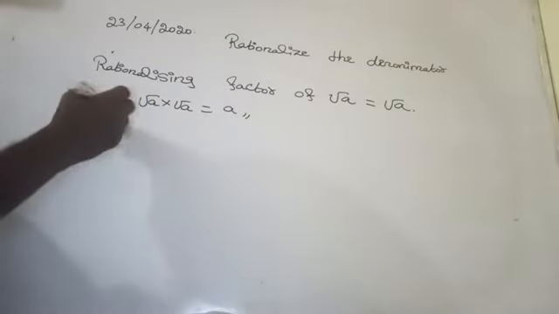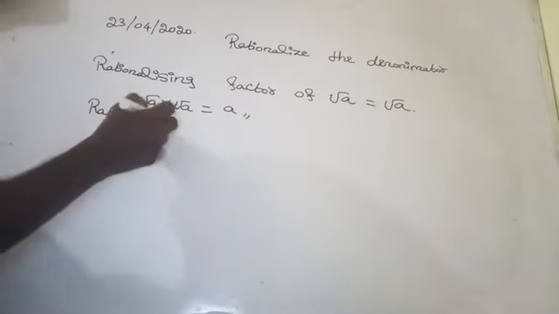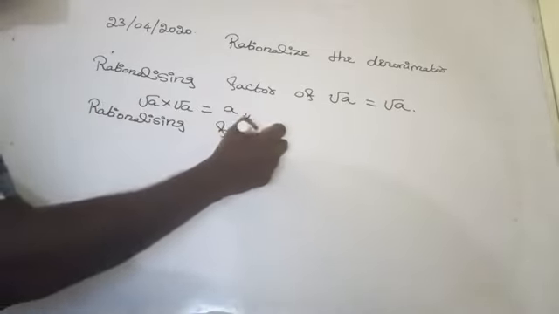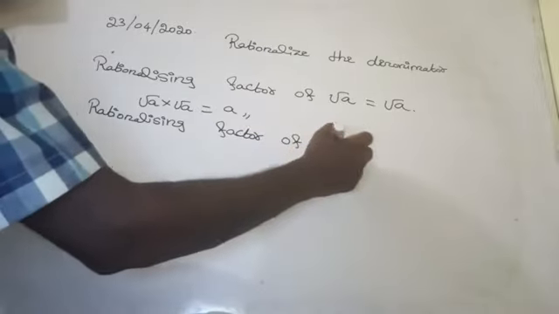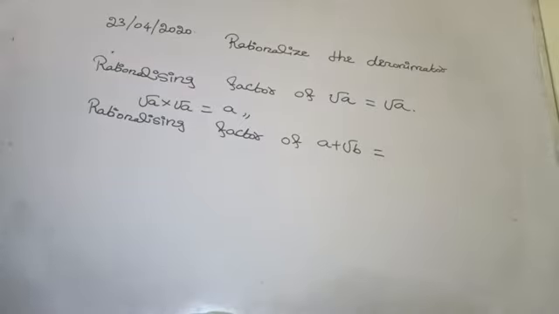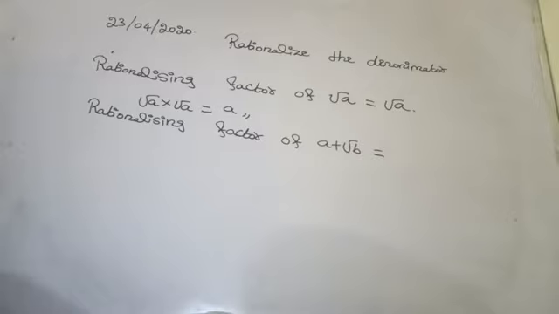Now the rationalizing factor of a plus root b. Which number is multiplied with this a plus root b to get a rational?